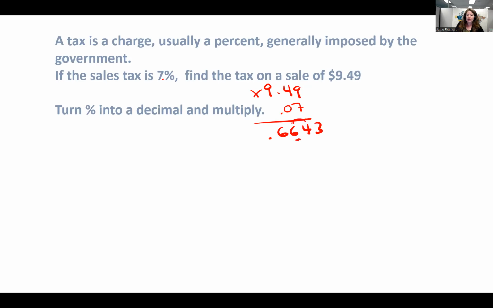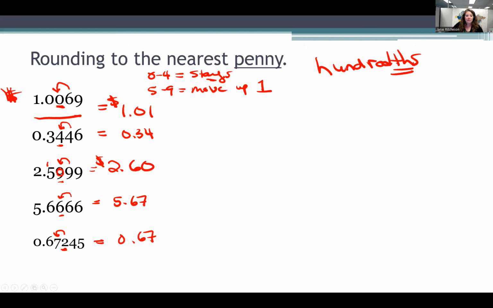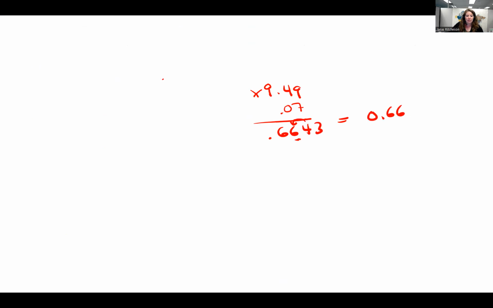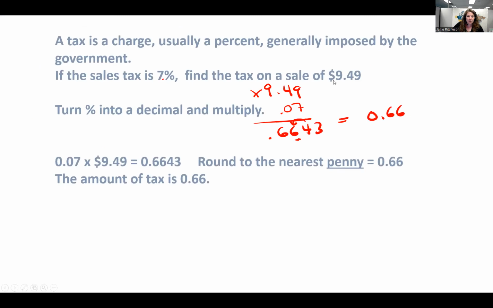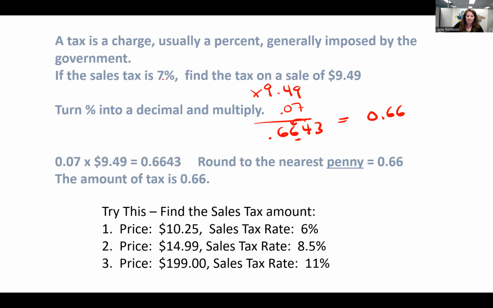So that 4 would keep the 6 a 6. So I would add 66 cents to the price, $9.49. All right, so they agree with me. The tax is 66 cents.